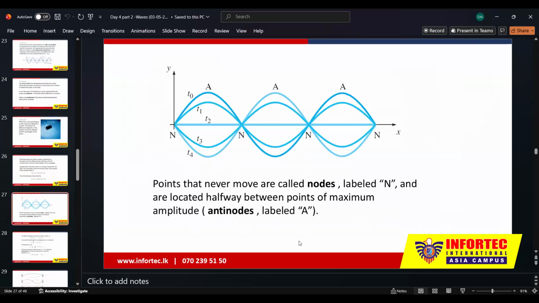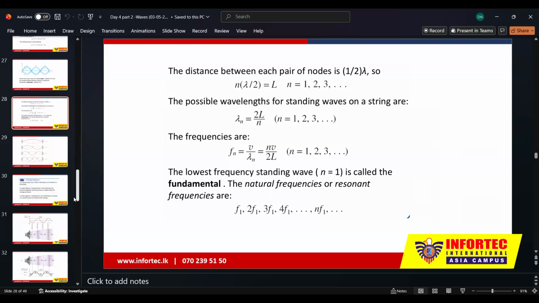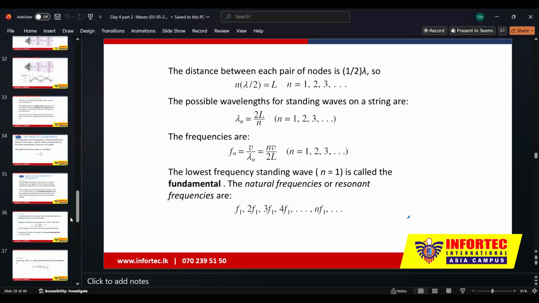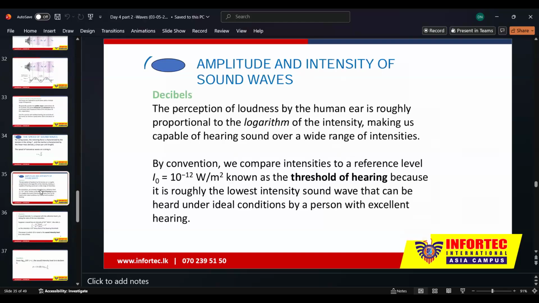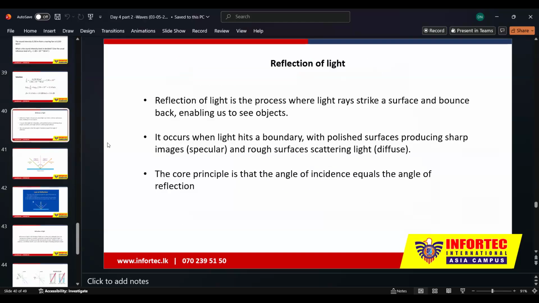Yes, these are the things. Then questions can come asking, given the graph and sometimes given data, what is omega, the angular frequency, and the frequency, right?